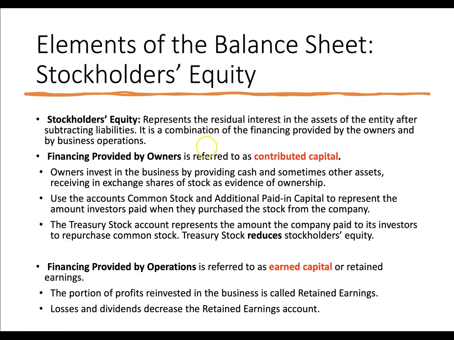When we talk about shareholders' equity, we talk about how the company obtains resources from the shareholders by issuing stocks, right? We sell the stocks to the shareholders and then we obtain cash from them. Now, that is called contributed capital, which is at the beginning of the company's operation. So when the company first starts, it borrows from the bank and then it also sells the stock to the shareholders.